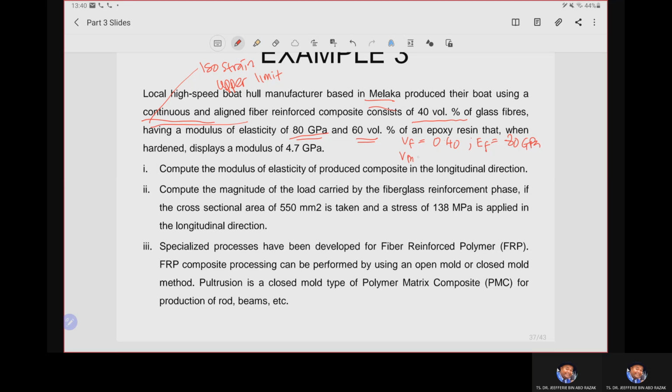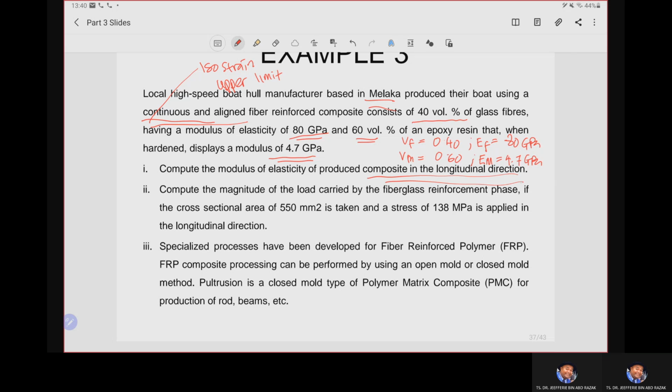The VM here equals 0.60, and when the resin is hardened, it displays a modulus of about 4.7 gigapascal. Compute the modulus of elasticity of the produced composite in the longitudinal direction.